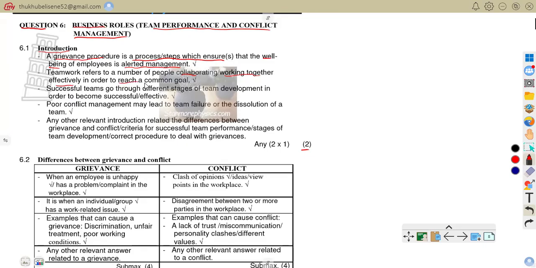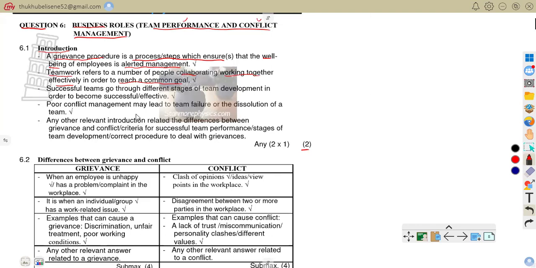Teamwork refers to a number of people collaborating or working together effectively in order to reach a common goal. Remember, our essay is about team performance as well as conflict. That is where you come across the word teamwork: employees and management working together so that they can reach their common goal.